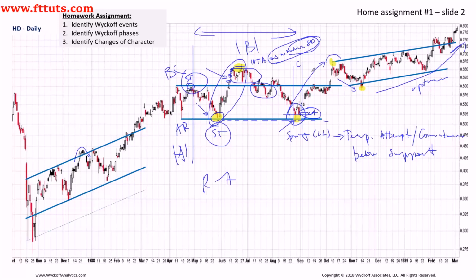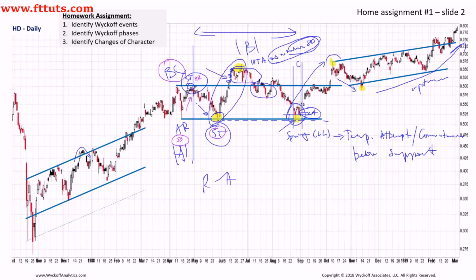I would rather sequence this in a different way. I would rather say buying climax and then shakeout type of action, and then automatic rally and then secondary test. But sometimes it doesn't work like this. There is not really enough room for phase B, and we could see that from the behaviors.